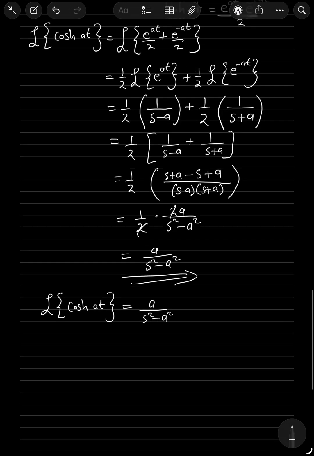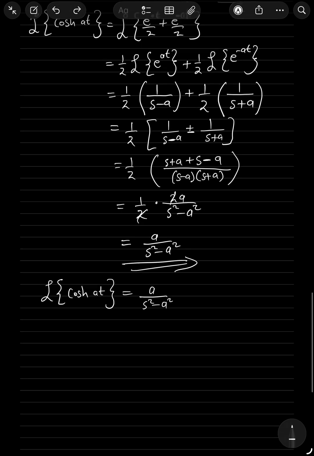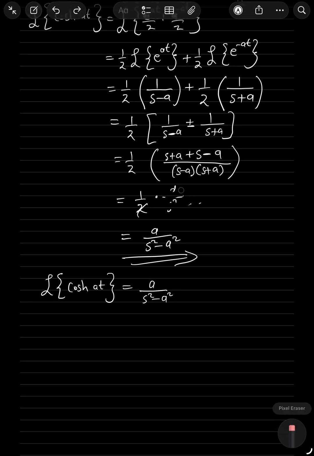I think I made a mistake here. I'm sorry, this is supposed to be plus, because this is plus, right? This is minus here, because this is minus on cross multiplying here. So I made a mistake. Okay, we're still getting half.